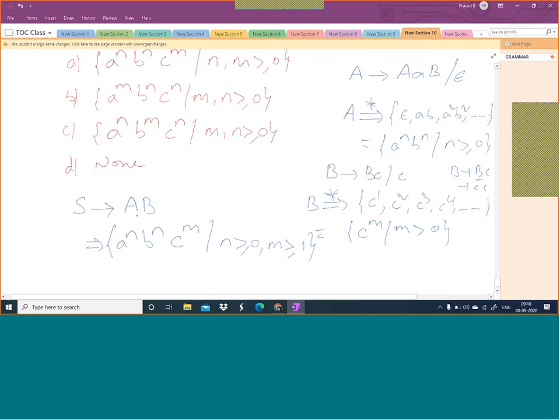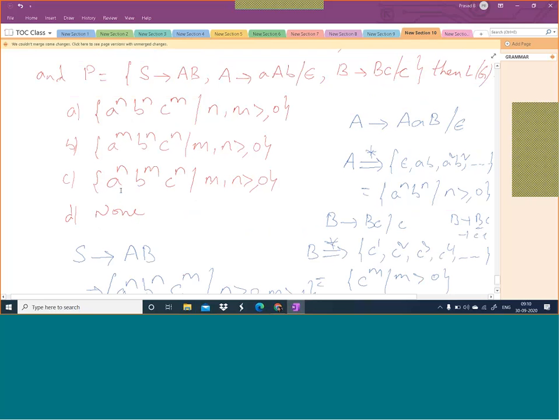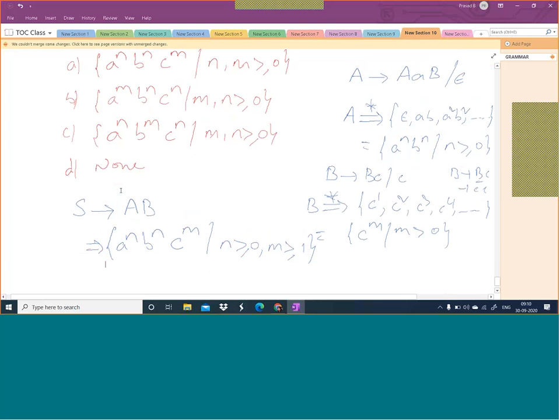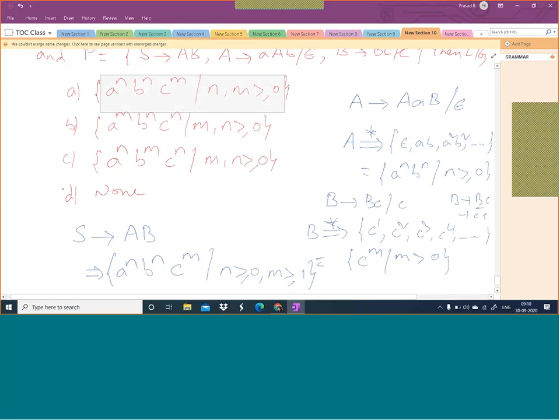By mistake, by overlook, everyone will go for this one, which gives you negative marking. So here the right option is D, and the right answer is A power n, B power n, where minimum is 1, and minimum A and B can be 0.